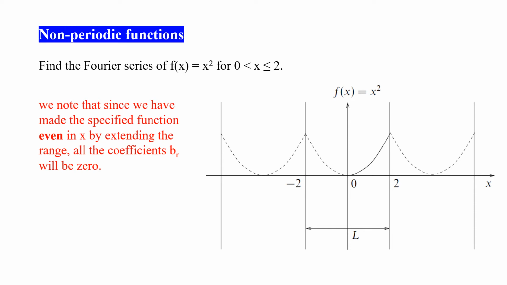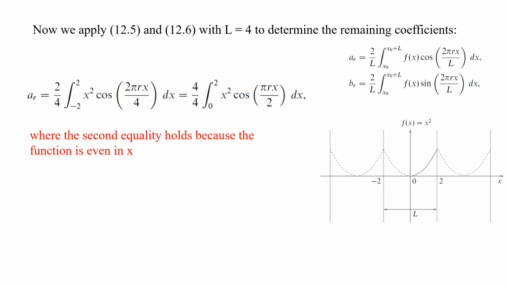And we noted that since we have made the specified function even in x by extending the range, all the coefficients b_r will be 0. And we applied equations 12.5 and 12.6 with period equal to 4 to determine the remaining coefficients, which is only a_r, where the second equality holds because the function is even in x.